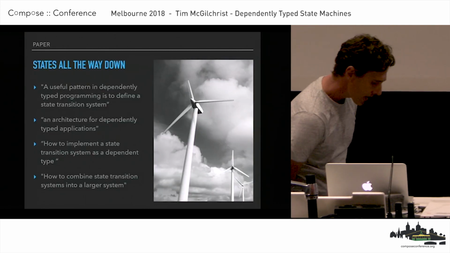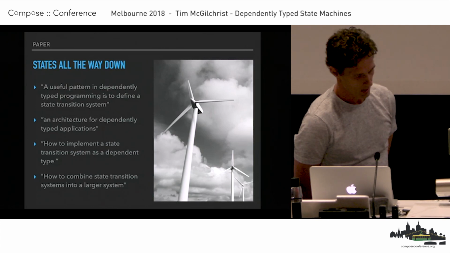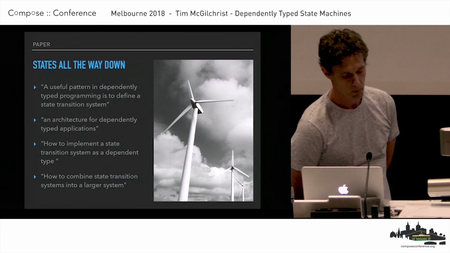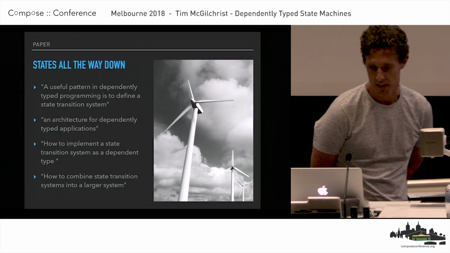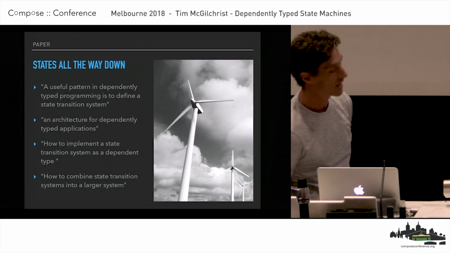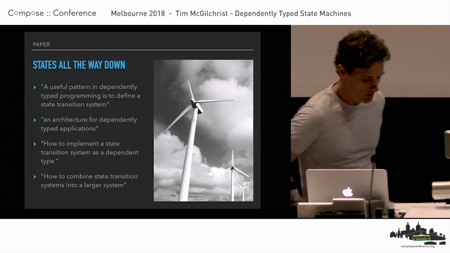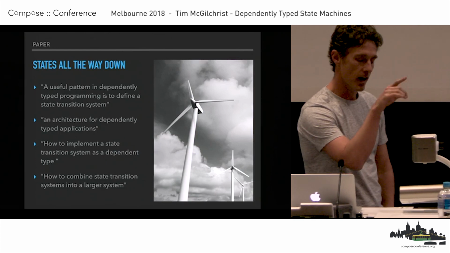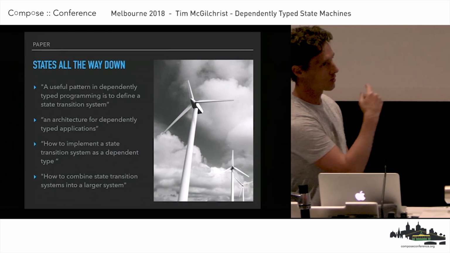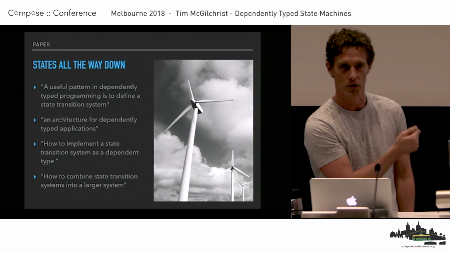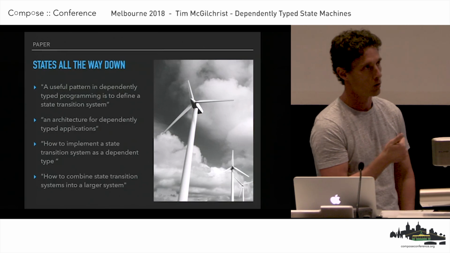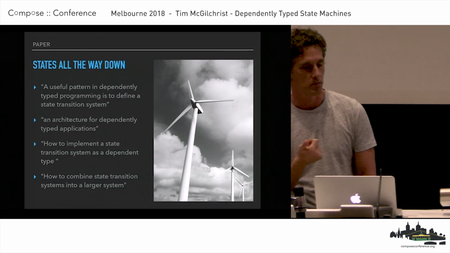So in thinking about the state machines problem, which was probably about 3 years ago, someone linked a paper called States All the Way Down, again by Edwin Brady. And looking through the paper, I was reading the abstract and thought, wow, this is sort of ticking off all the things that I want to do with dependent types, and I want to think about for building things with state machines.